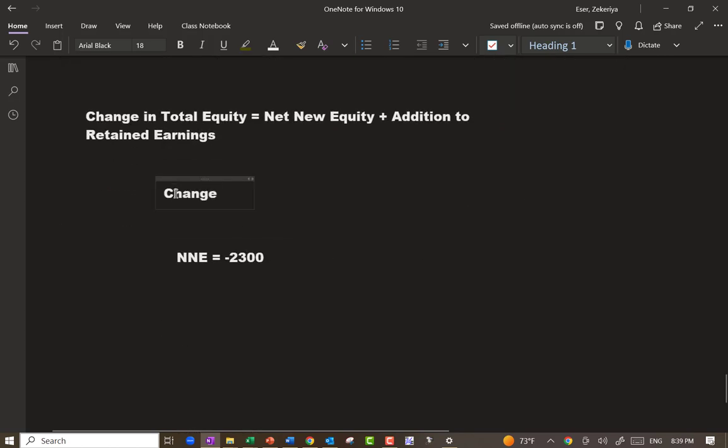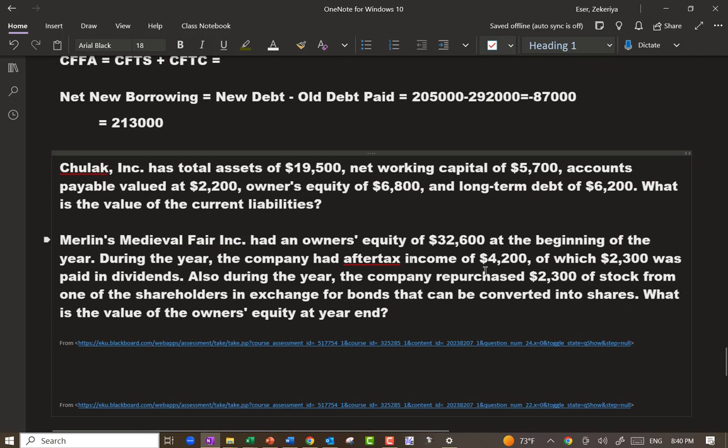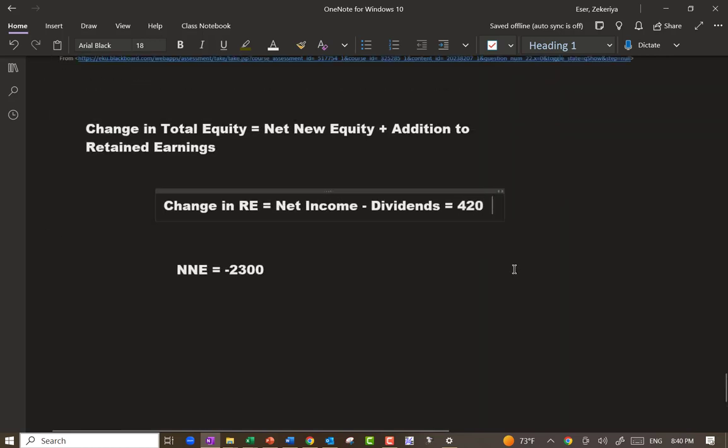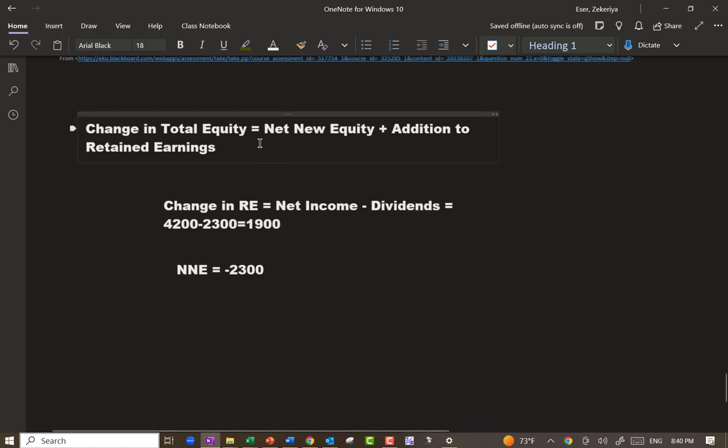The change in retained earnings is net income minus dividends. In this case, 4,200 minus 2,300. Hence the whole thing is negative 400.